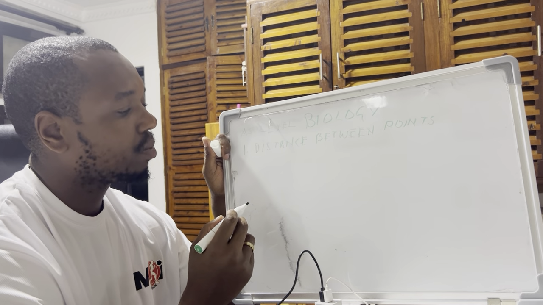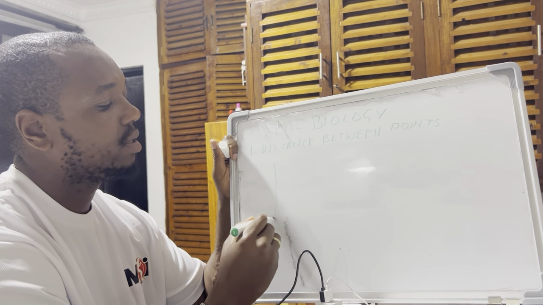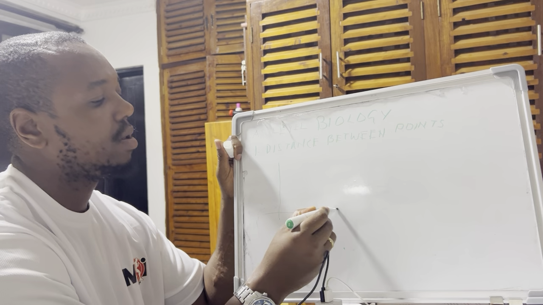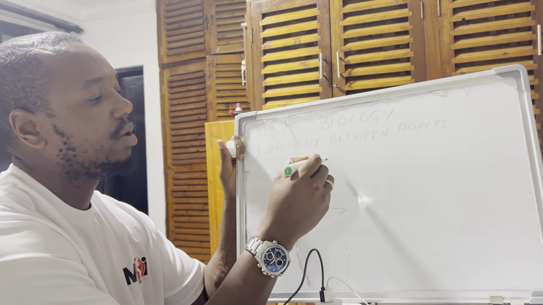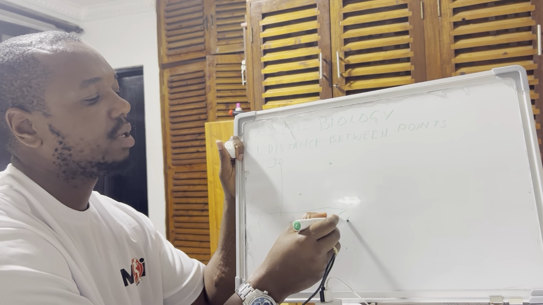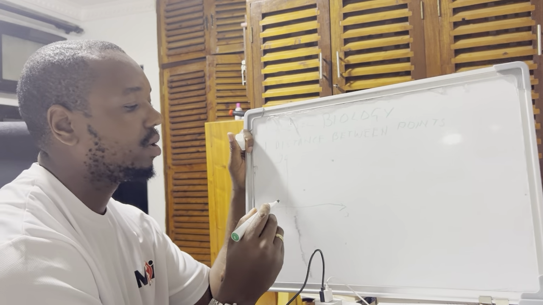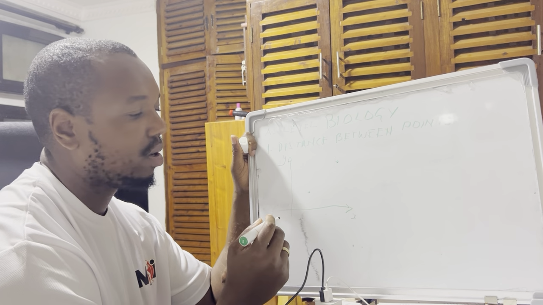So if we take 2 axes like that, and then 1 point here, another point there, and we want to calculate the distance between these 2 points in the y-axis and x-axis, we would need information as to what their coordinates are.